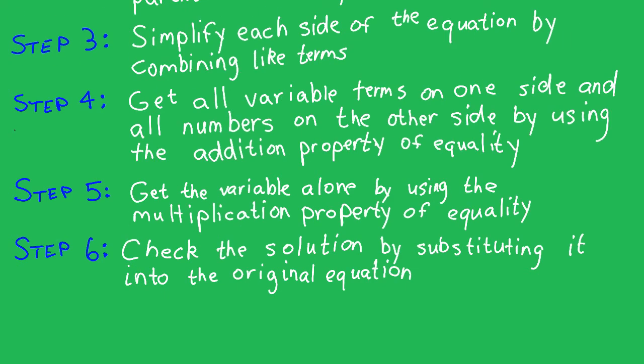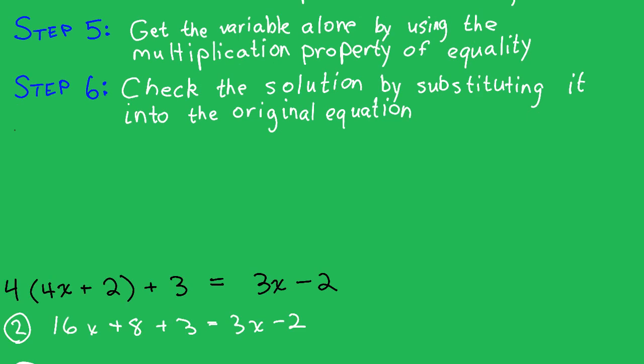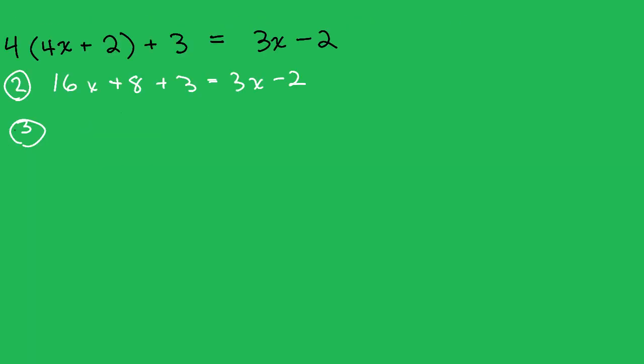Step 3 says simplify each side of the equation by combining like terms. So now on the left side there's only a variable term, but we can take care of these constants, so that's going to be 16x plus 11. Right side is fine.